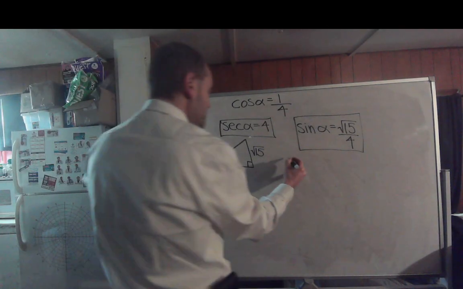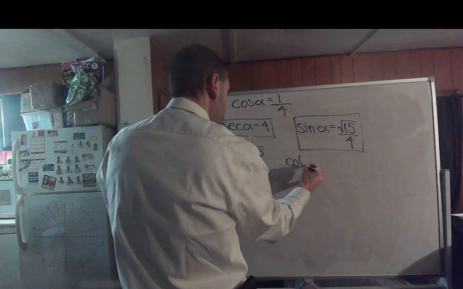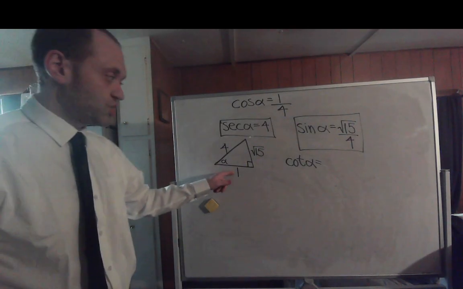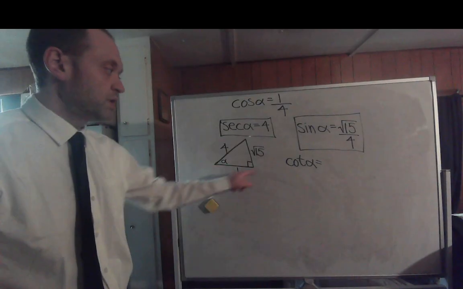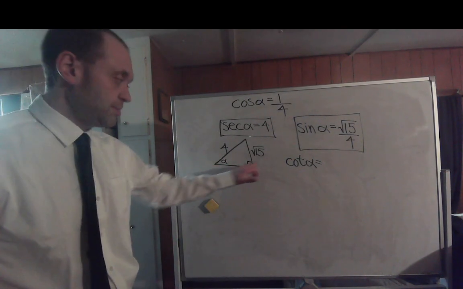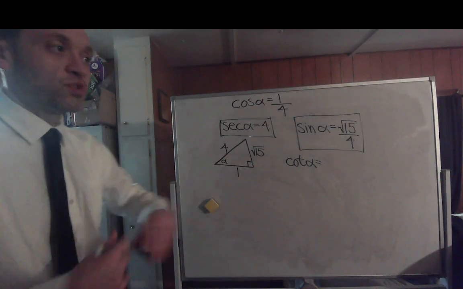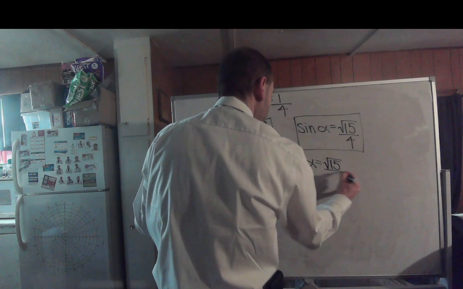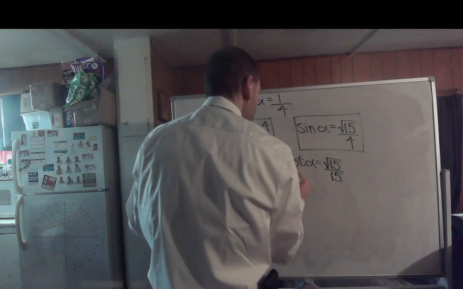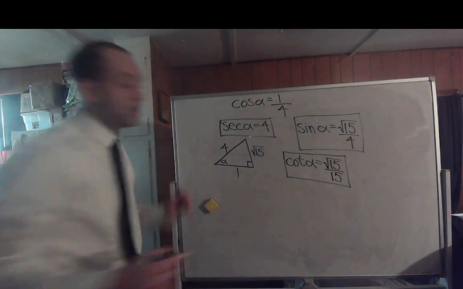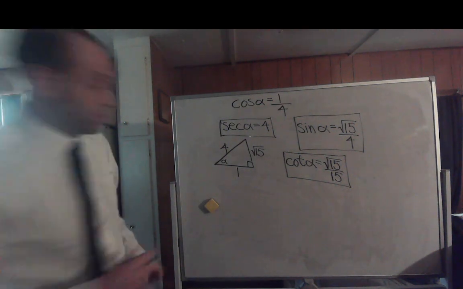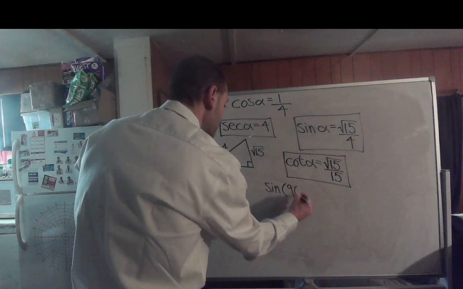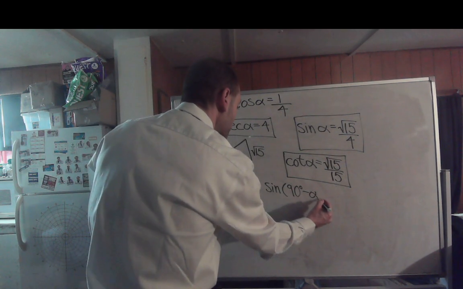Next, they want the cotangent of alpha. So the cotangent of alpha, it's easy since you have your triangle. That's adjacent over opposite. That'd be 1 over the square root of 15, which would give you the square root of 15 over 15. So there's your cotangent, and then they're going to ask you for what is the sine of 90 degrees minus alpha.